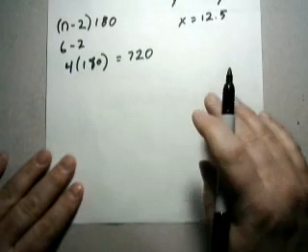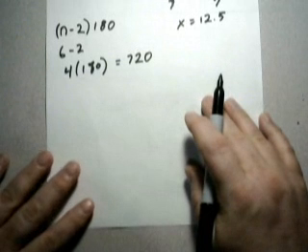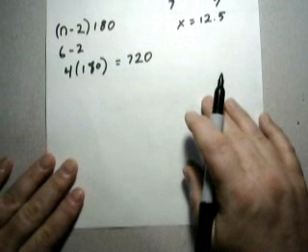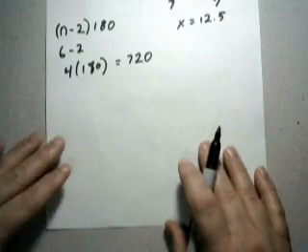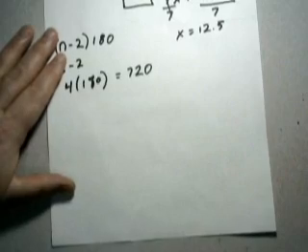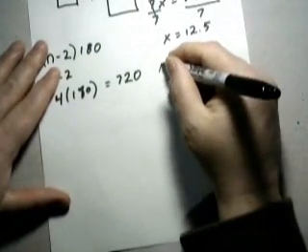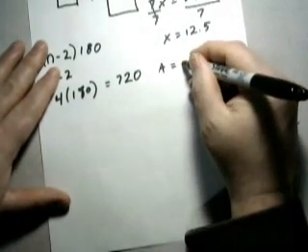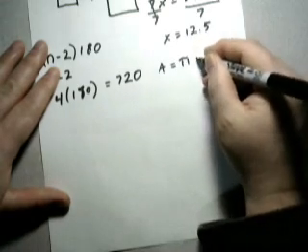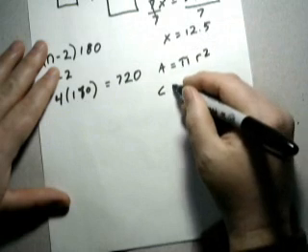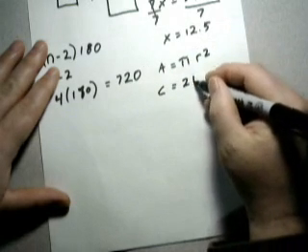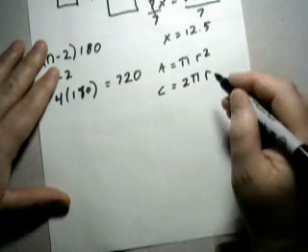Continuing to number 8. So we need to determine the area, circumference, and arc length. Area of a circle is equal to pi r squared. Circumference is equal to 2 pi r.